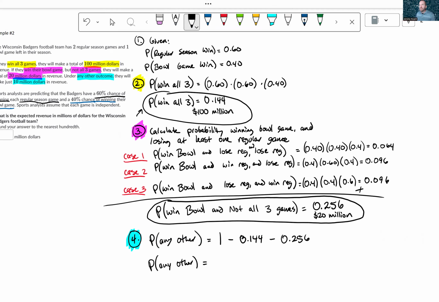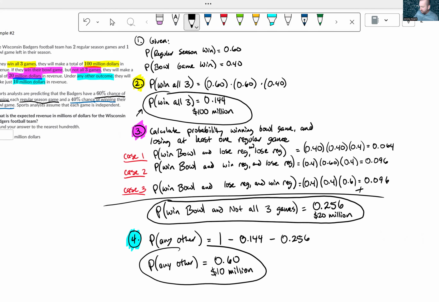I'm just going to subtract the probabilities that we found so far. And so we have 0.60. That's our probability of winning the $10 million.